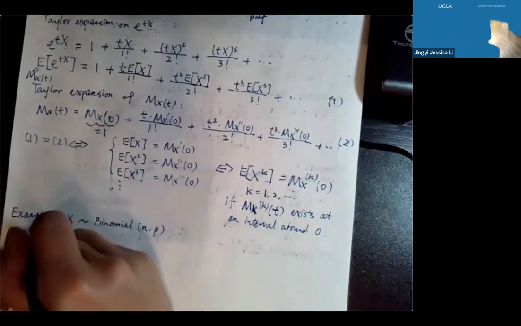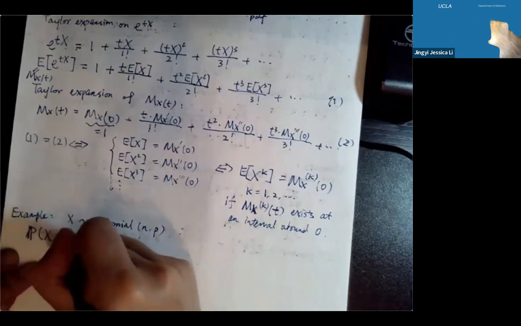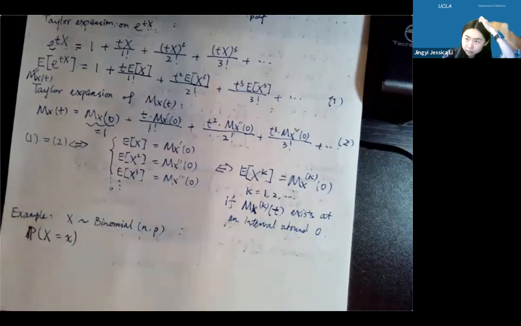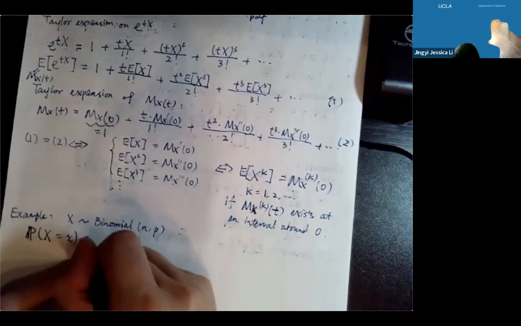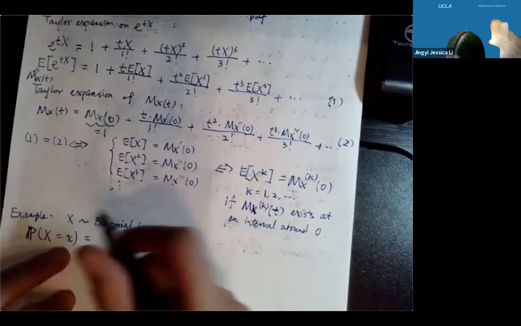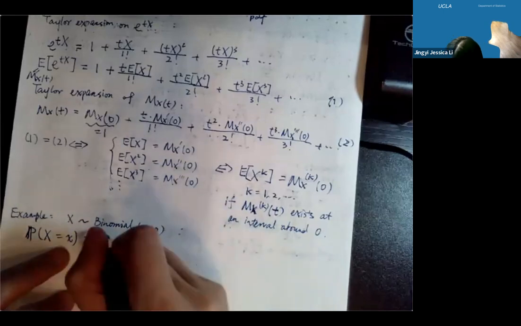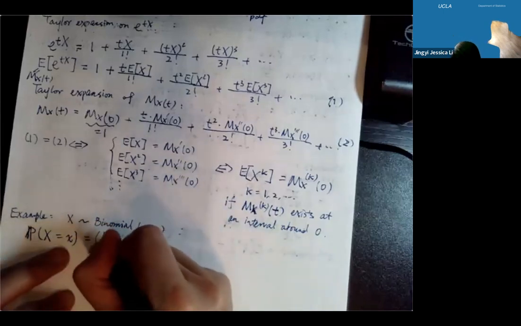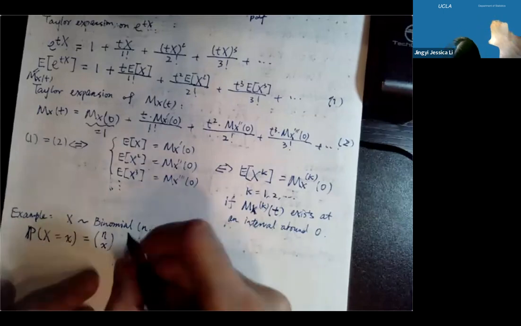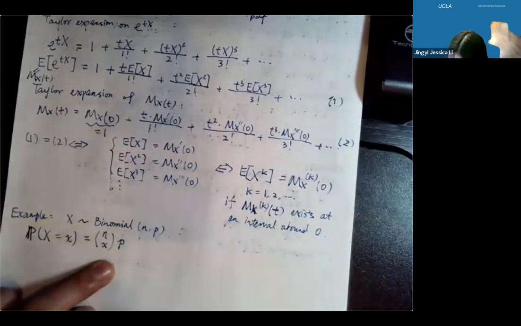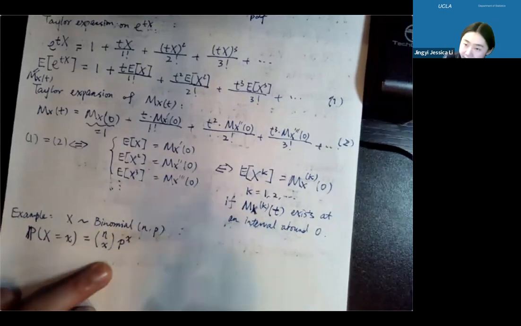So let's look at the PMF first. For X taking value small x, the PMF is equal to the number of ways of getting x heads. Out of N, I can choose x to be heads, and for each head the probability is P, so I multiply them and get P to the power x.